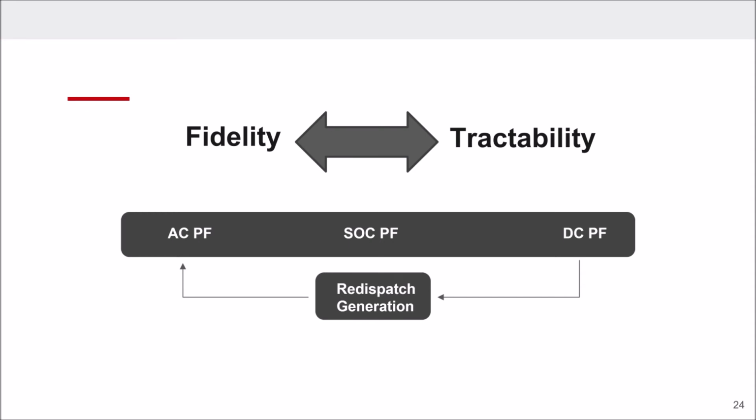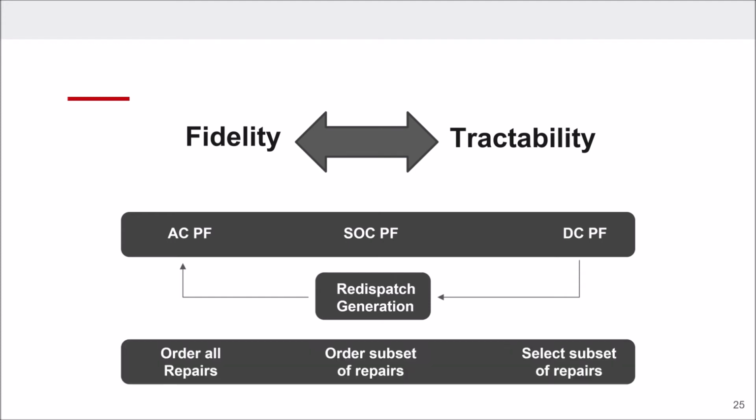There is this restoration redispatch of generation, which will allow us to maybe recover a higher quality solution. But then there's also an idea of how many of these repairs we are selecting at once and ordering at once. On the easiest, the tractable side, is selecting just a subset of repairs. It's this single time period problem, much the easiest thing to solve. There's ordering that subset of repairs, so there's ordering all of the repairs in the problem, which if it comes up to hundreds of repairs, that could be very, very difficult to actually solve.